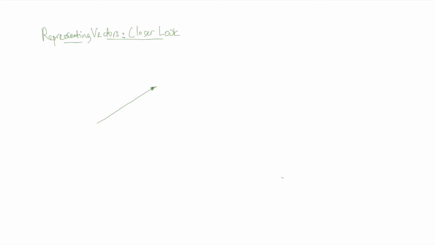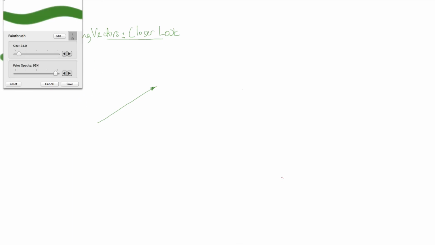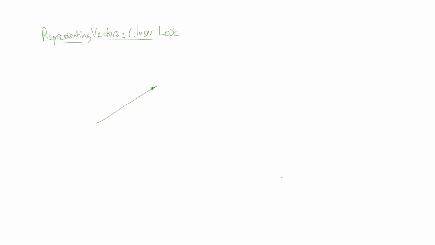But what if we wanted to tell someone over the phone, for example, what the vector is? Well, it's not so straightforward in that case, because now I can't draw a picture and show him where it is.